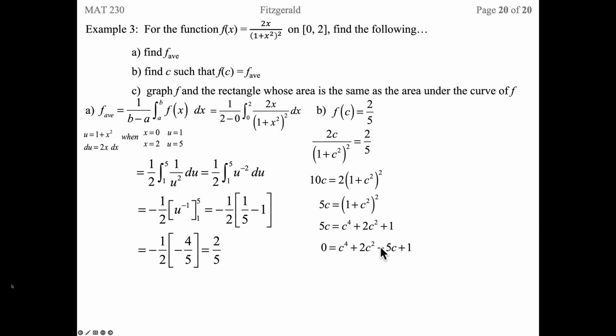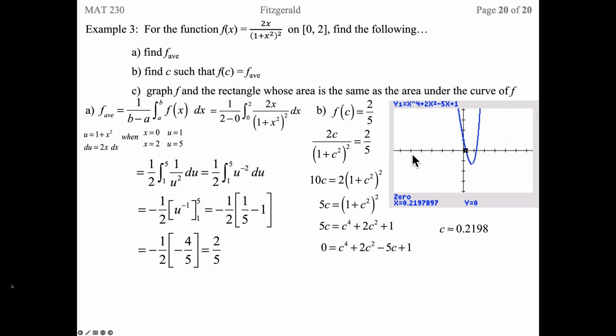So to find my c value, I'm going to have to go to my calculator, type that into y1, graph it. Because it's set equal to 0, I'm looking for these x-intercepts. So we'll do the 0 command. Second trace is 0. Go between 0 and 1. That's this value. Then we'll go between 1 and 2. That's this decimal value. So there's my two c values right here.